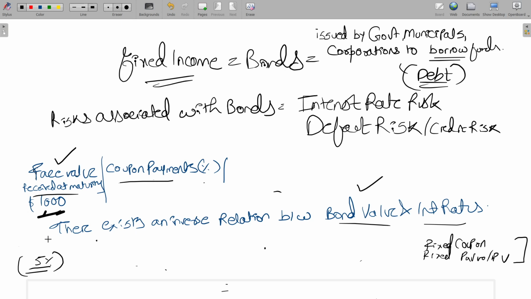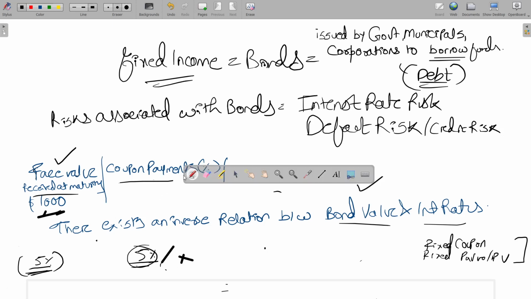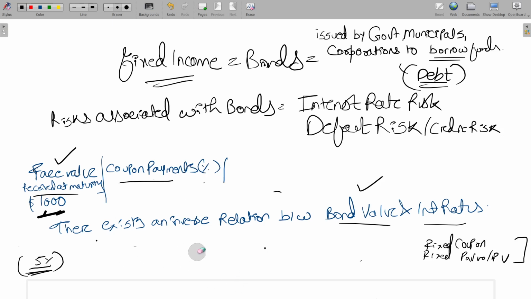Now if the current interest rate is 5% and the bond is issued at this moment, you will get 5% every year if it's annual. 5% of 1000, that is, you will keep receiving 50 regardless of anything else.